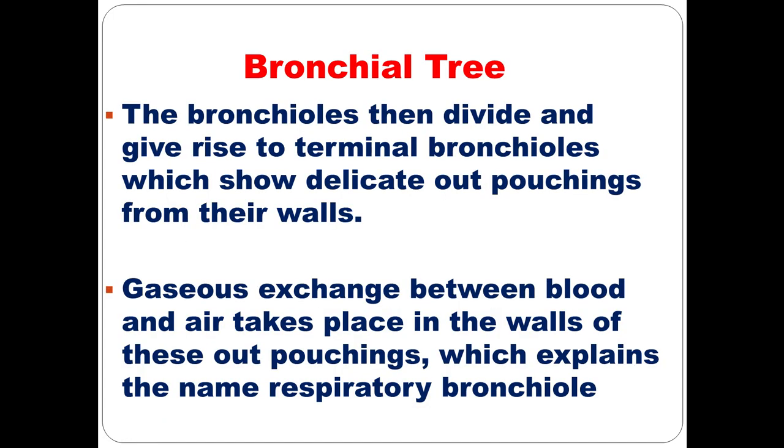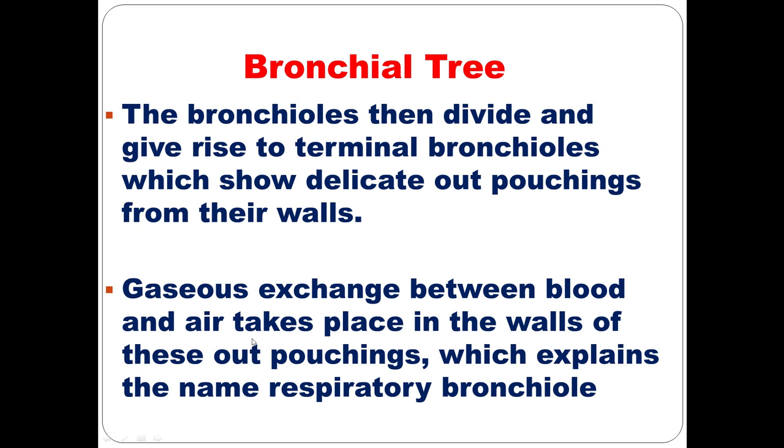So the bronchioles divide and then redivide, and finally they give rise to the terminal bronchioles. These terminal bronchioles show delicate outpouchings from their walls, and in the walls of these outpouchings gaseous exchange takes place.